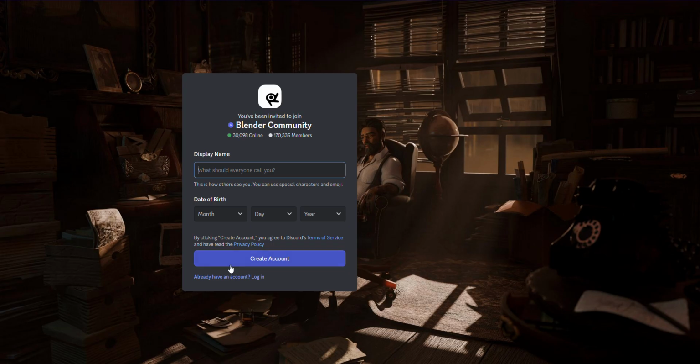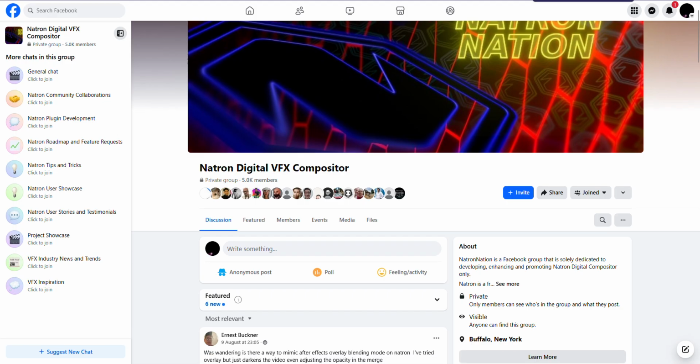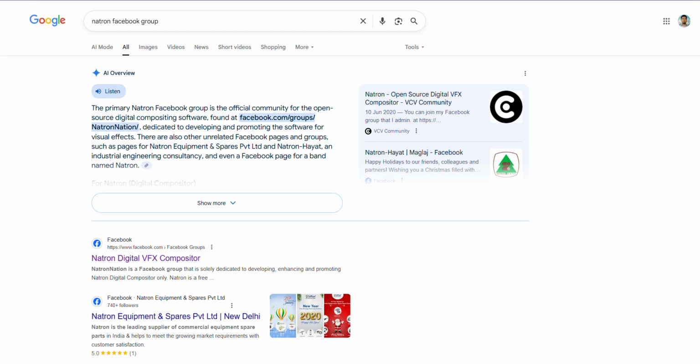Just to give you a look at Discord. Discord is there in your mobile application too. Okay, I'm not logged in here. Anyways, maybe I will leave this one to you. But that was social media for Blender.